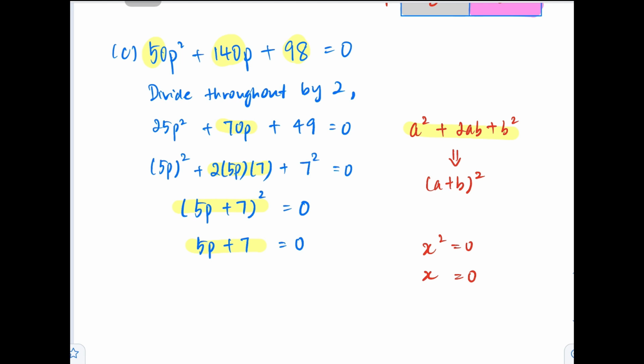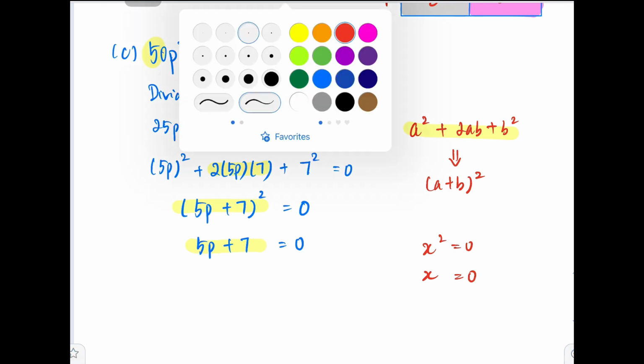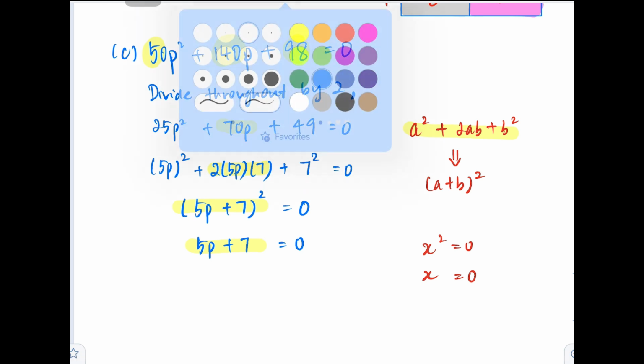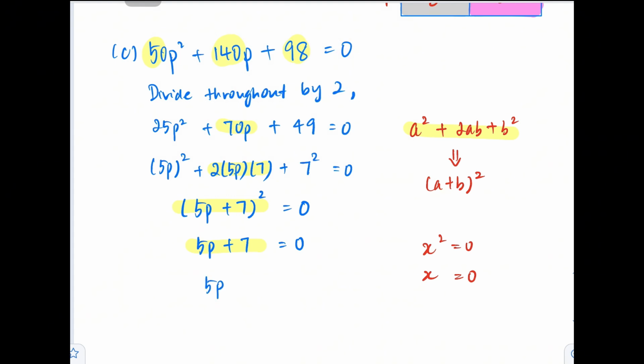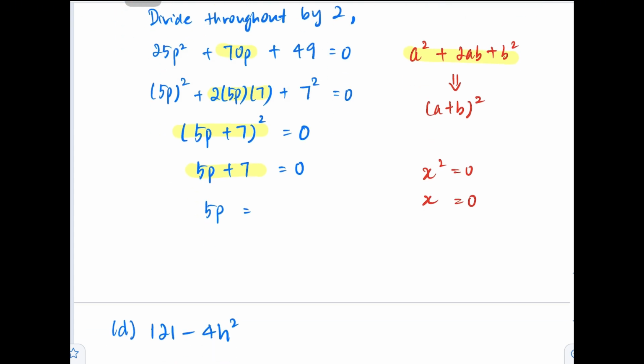So how can we solve and find the answer for p? We simply need to first subtract 7 on both sides. That will give us 5p equals to negative 7. And then in order for us to find p, we divide by 5 on both sides. So p will be negative 7 over 5, or I can write it as mixed numbers, negative 1 and 2/5.